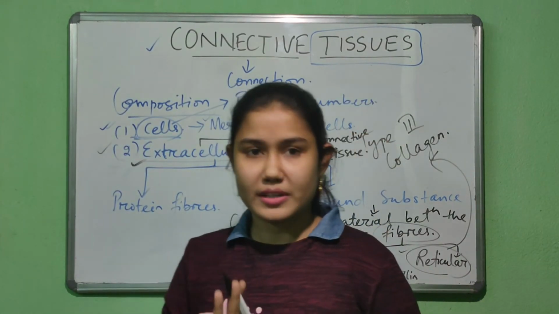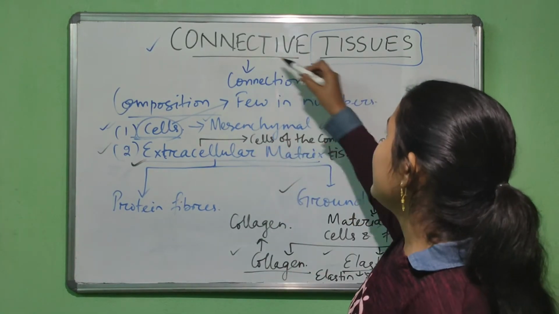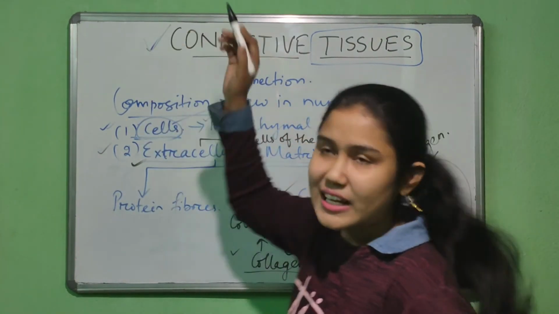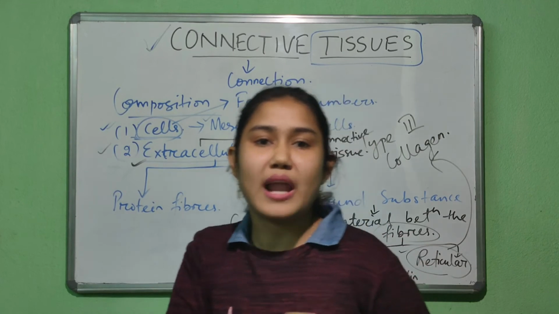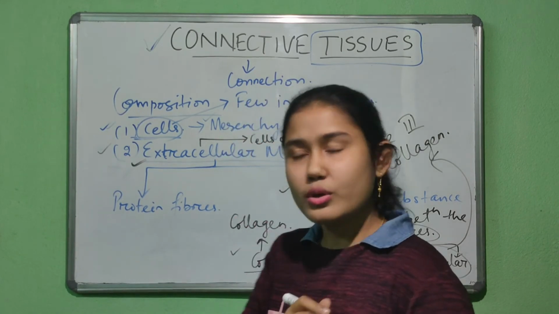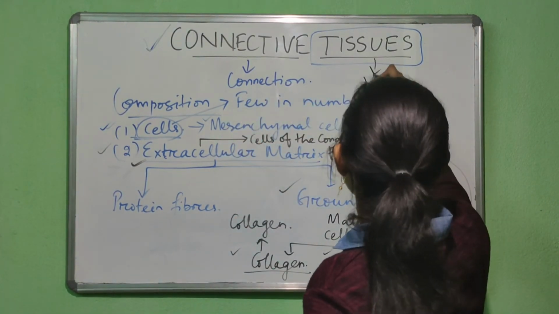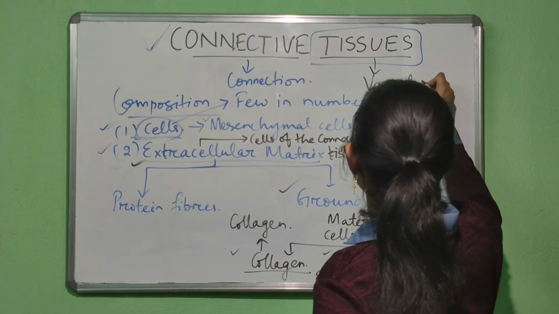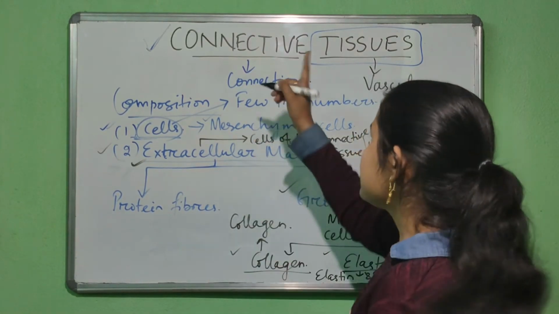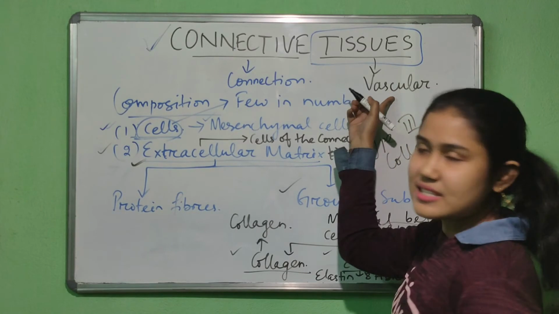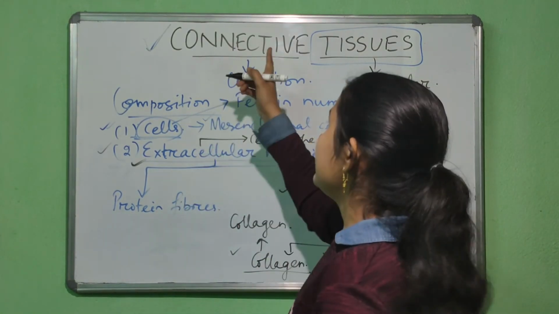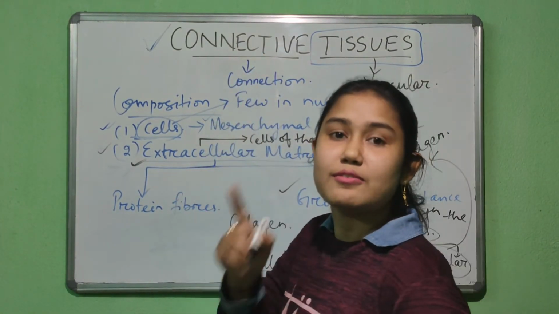Remember this. Now come to the connective tissue. These connective tissues are richly supplied with blood vessels, so that's why these are vascular. As the connective tissues are richly supplied with blood vessels, these connective tissues are vascular.